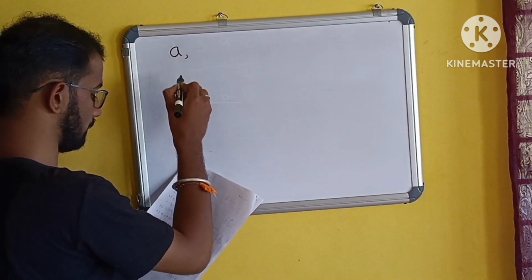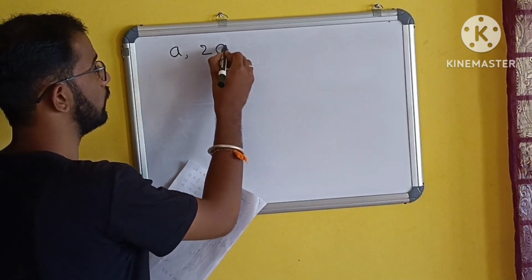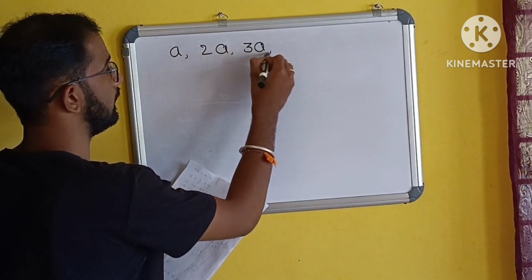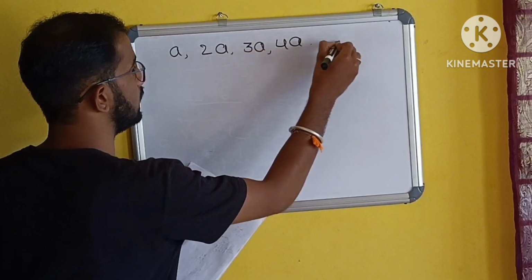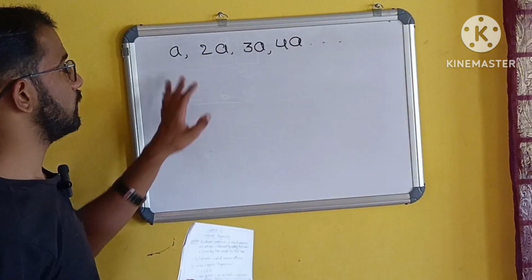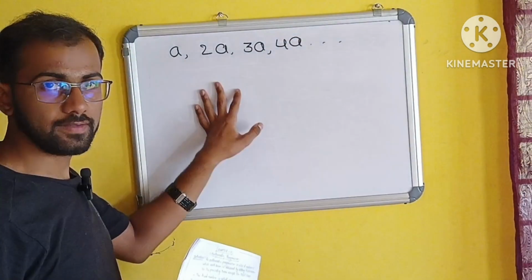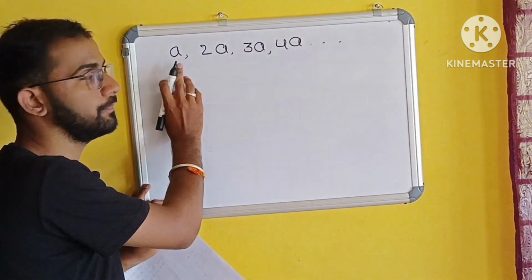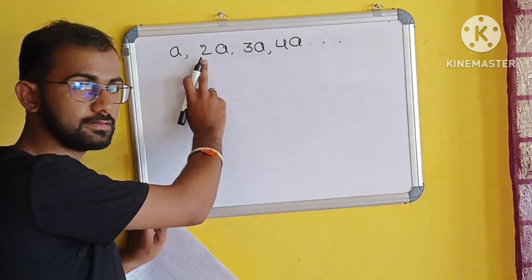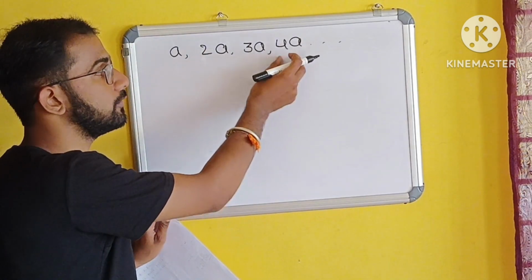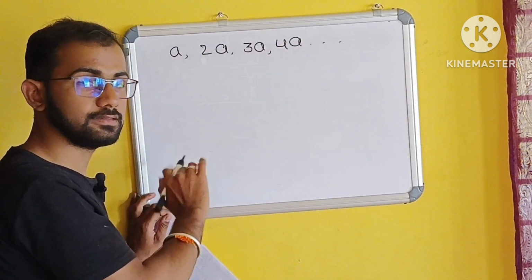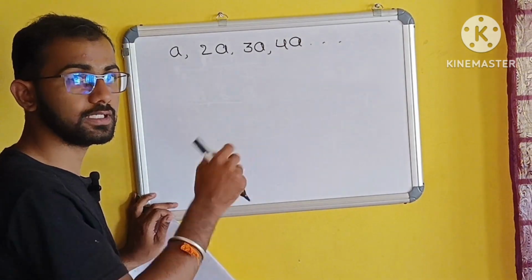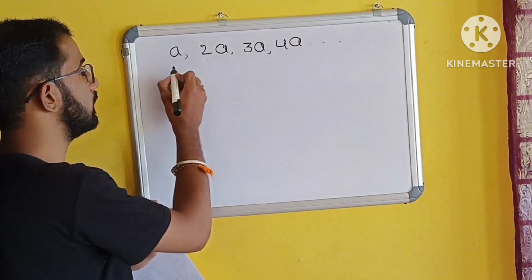So A, 2A, 3A, 4A, and so on. Here the number is not given. So here A is considered as the first term, 2A as the second term, 3A and 4A as the third and fourth terms respectively.